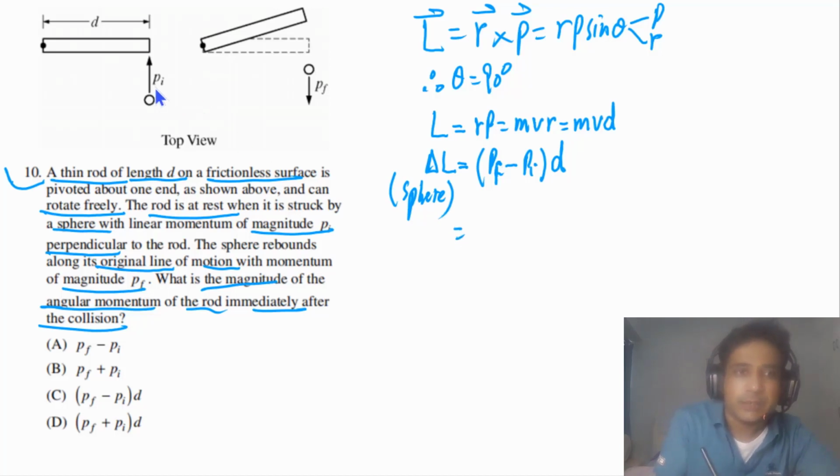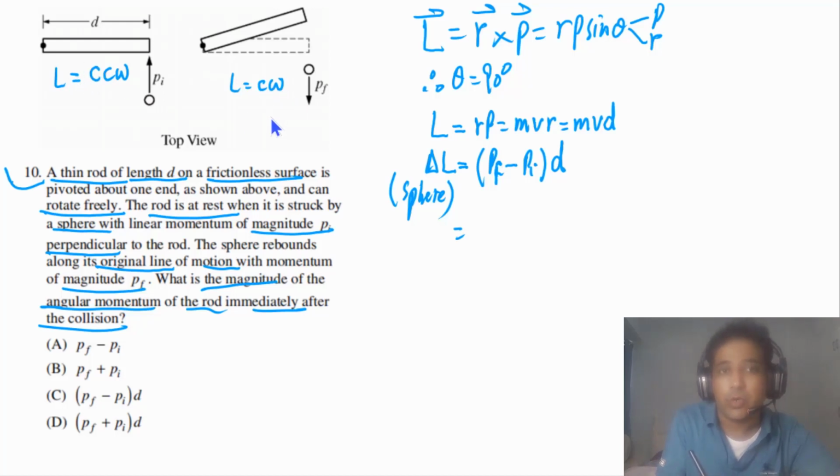We can also look at angular momentum, but simply you can take the linear momentum. In this case, angular momentum is counterclockwise, and in this case, angular momentum will be clockwise. So here we have angular momentum that is counterclockwise, here it is clockwise.